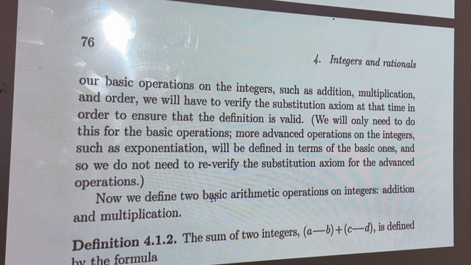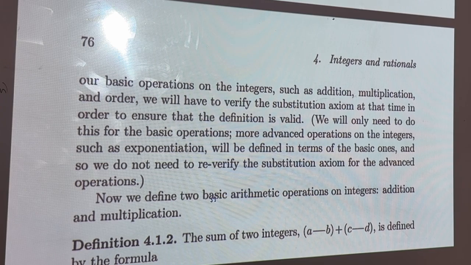We will only need to do this for the basic operations. More advanced operations on the integers such as exponentiation will be defined in terms of the basic ones, and so we do not need to re-verify the substitution axiom for the advanced operations, because the advanced ones depend on the basic ones.